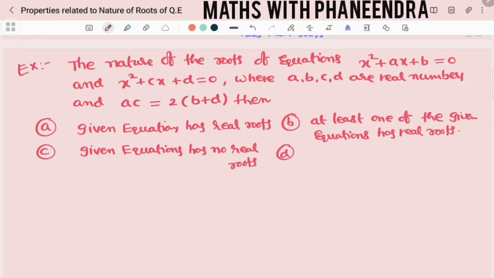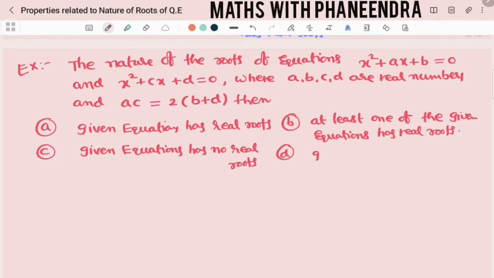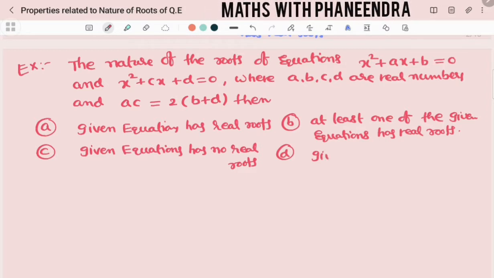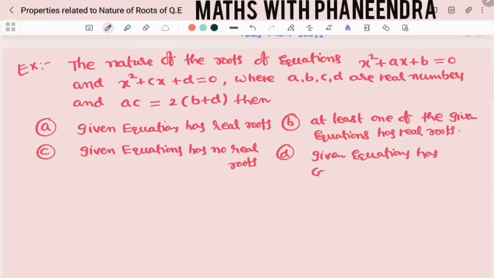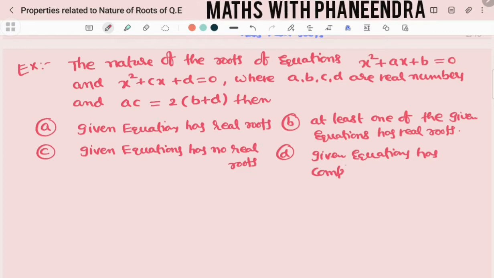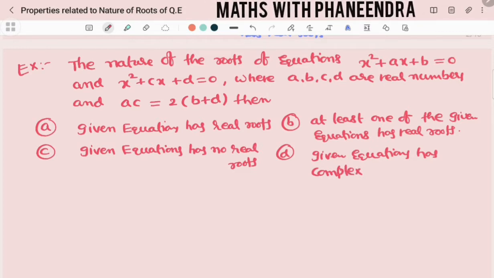D, the given equations have imaginary roots.